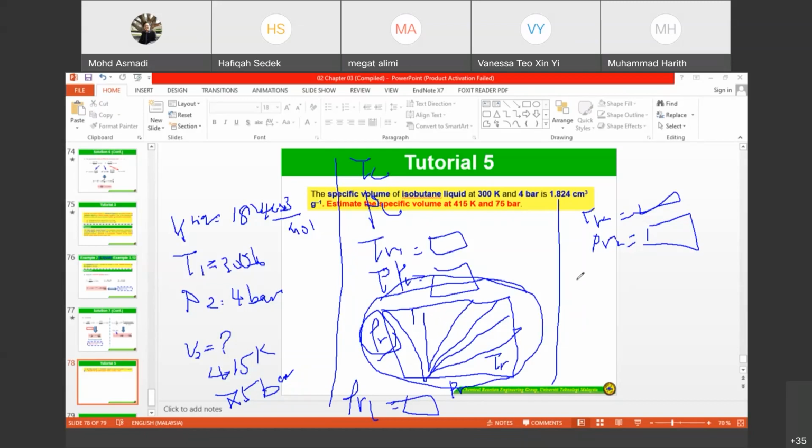Once you calculate rho R2, if you cross the horizontal and vertical lines, the values of TR2 and rho R2 are out of the region. So we cannot use this one to determine rho R2.